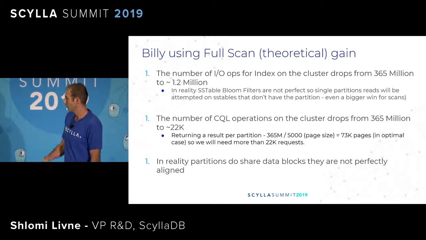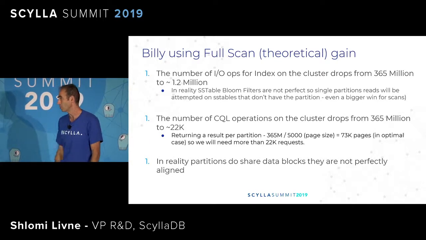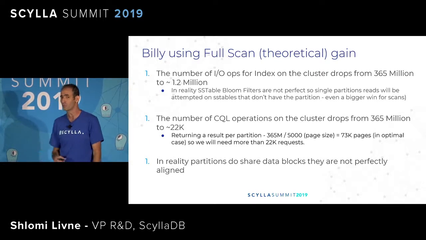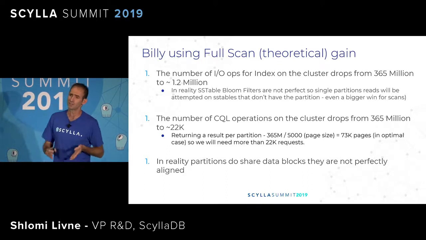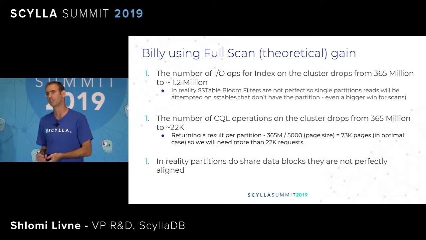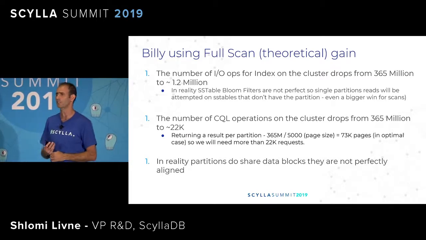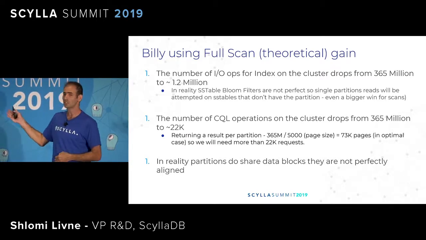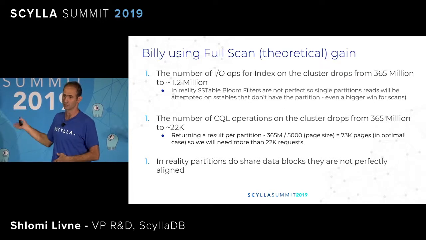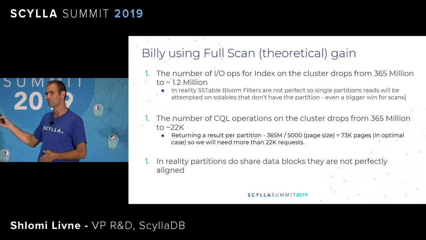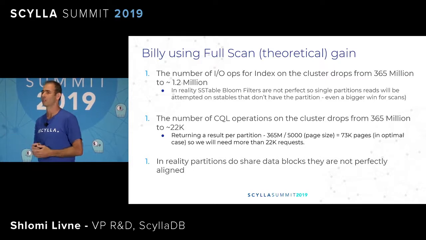The next item is the number of SQL operations. Now, the computation was very optimistic. If we have 365 million partitions divided by the default page size of 5,000, we end up with 73,000 pages being returned. That cannot be done with 22,000 queries.